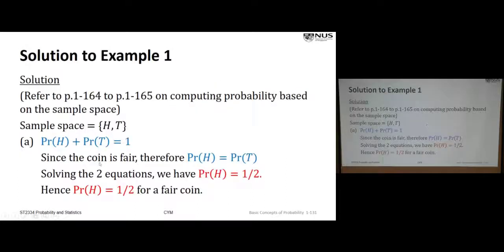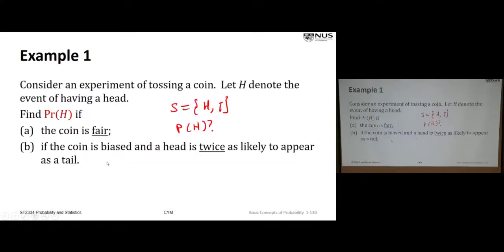It is a fair coin. We want to find the probability of having a head. Everyone knows it's half if it's a fair coin, but why? So we try to derive it based on these three axioms.